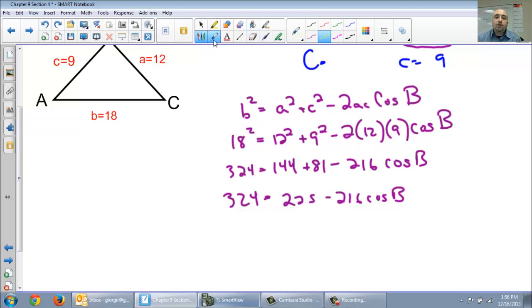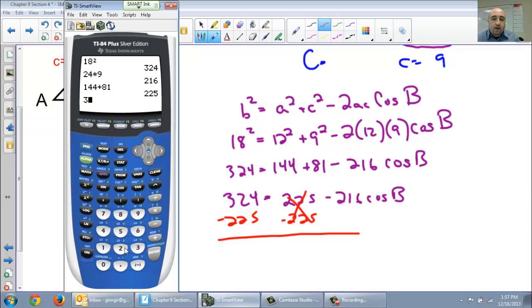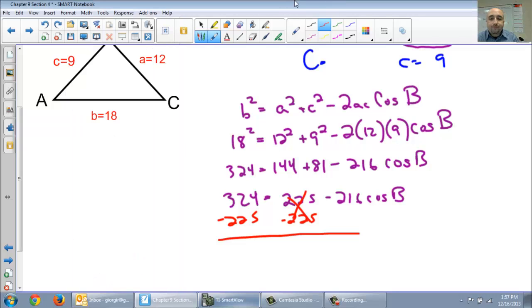Follow along. This is what you do when it's a side side side. You're first going to subtract 225 from both sides. So 324 take away 225 equals 99. So I get 99 here, negative 216 cosine of B. And now notice this is being multiplied.